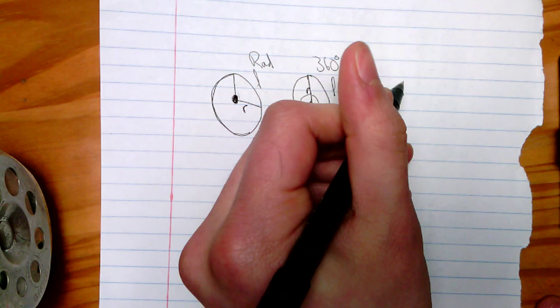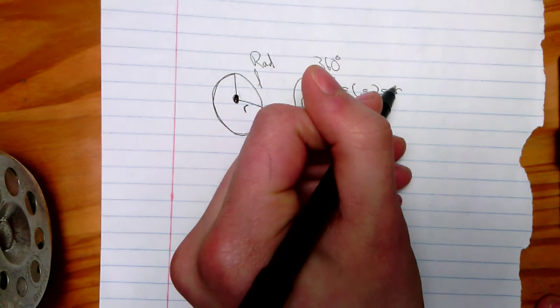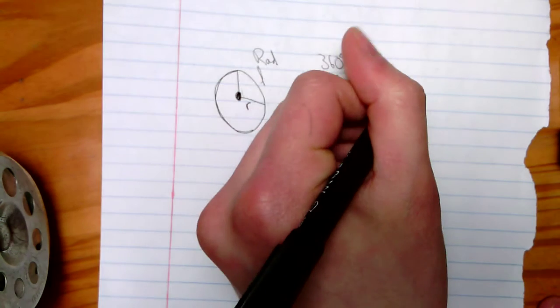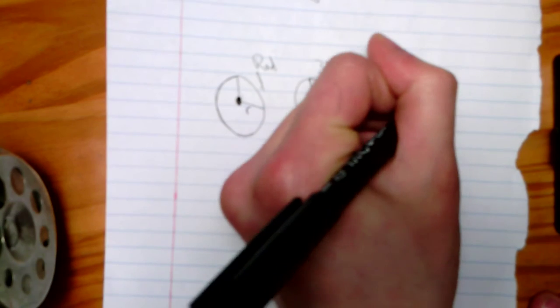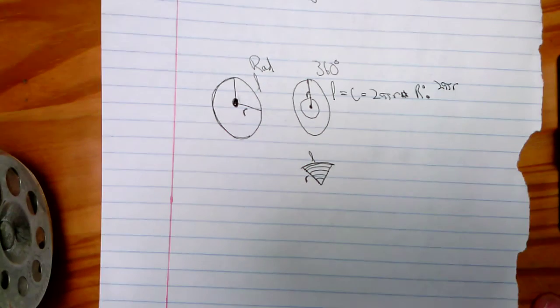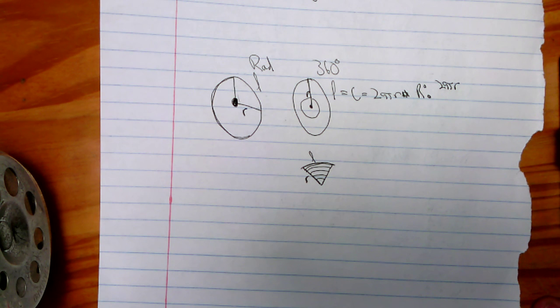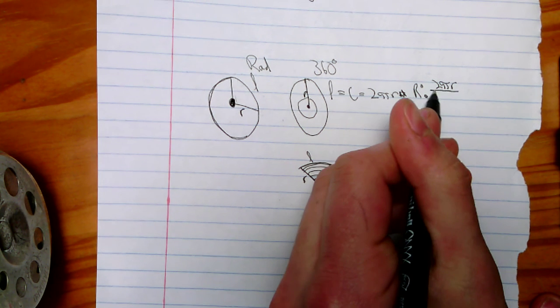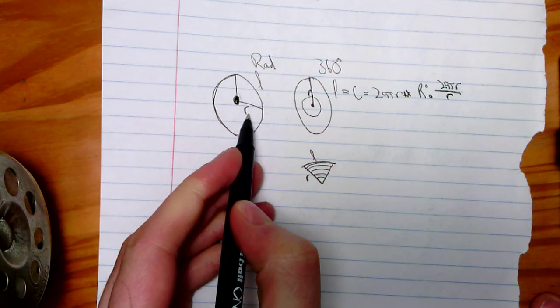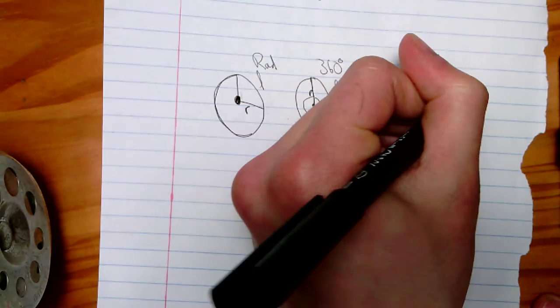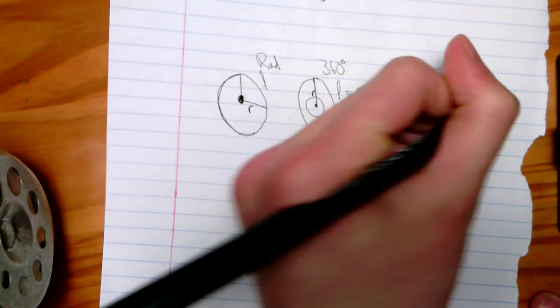So if you have a circle, the radians in this case would be 2 pi r, because it's a 360 degree angle, an angle all the way around, over the radius, which is r, as always, and that comes out to 2 pi.